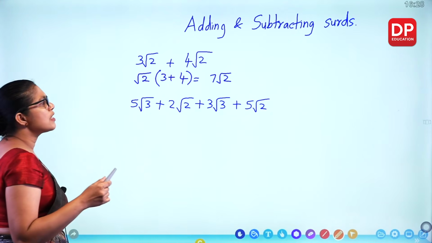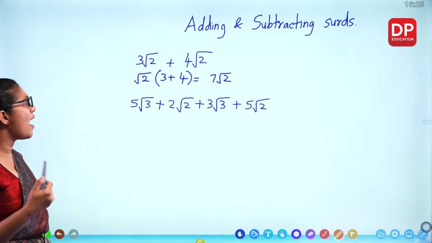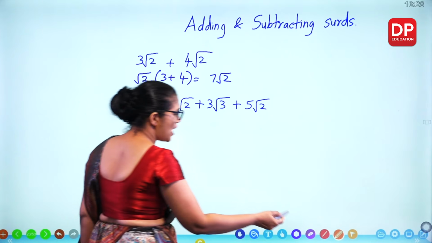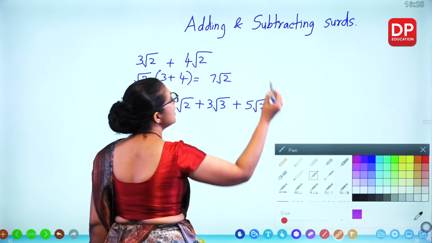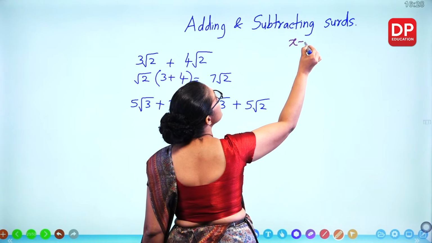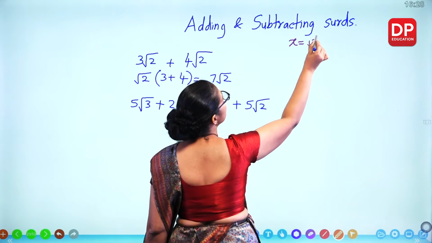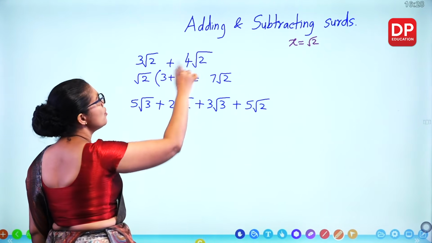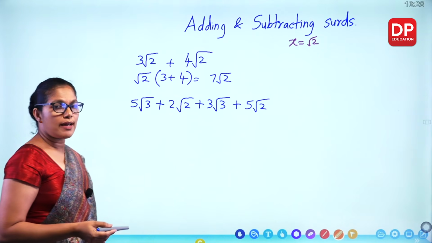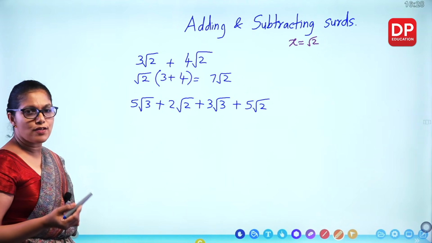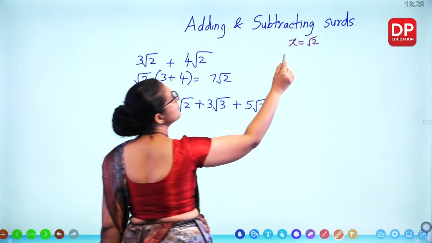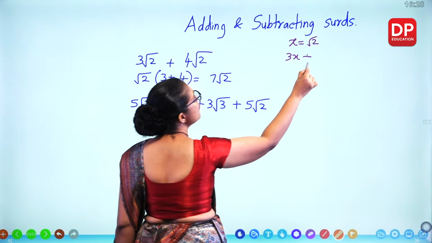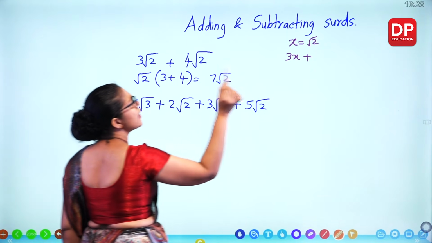But without taking the factors out, I can take algebraic method. So if I take the surd value as x, this root 2, same surd value you are getting. So I can write x as root 2. So what is this one? 3x. What about this one? 4x.